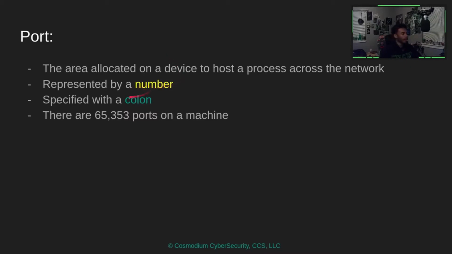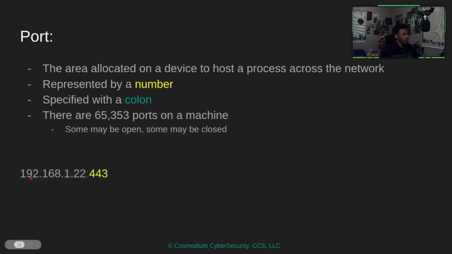Again, these are represented by numbers and specified with a colon. So you guys can see, this is an example IP address, 192.168.1.22, right? So this is an IP address that is on our local area network. So if we're connected to a Wi-Fi, one of the devices on the Wi-Fi network will have this IP address, and you'll see the colon here to specify this port, 443.